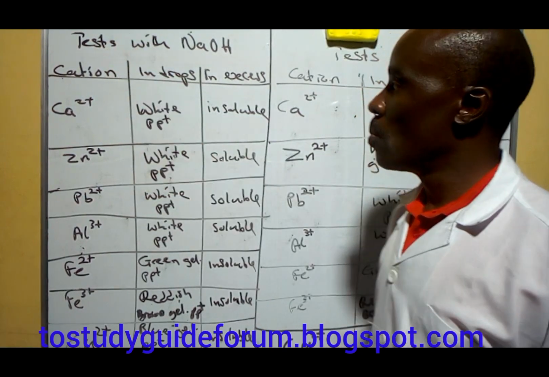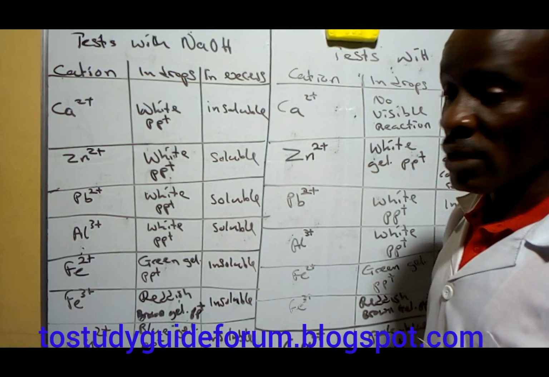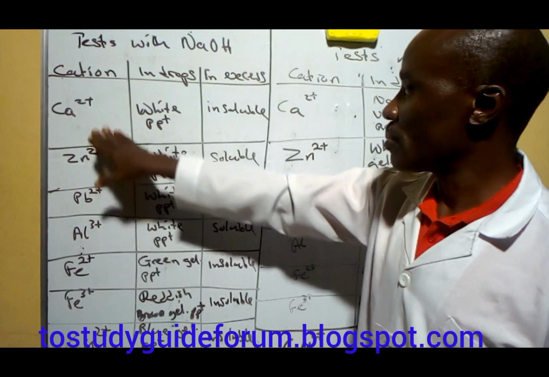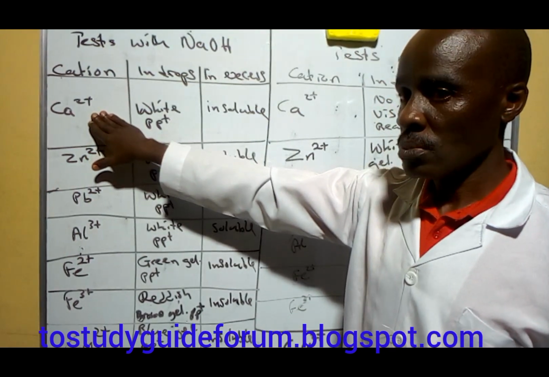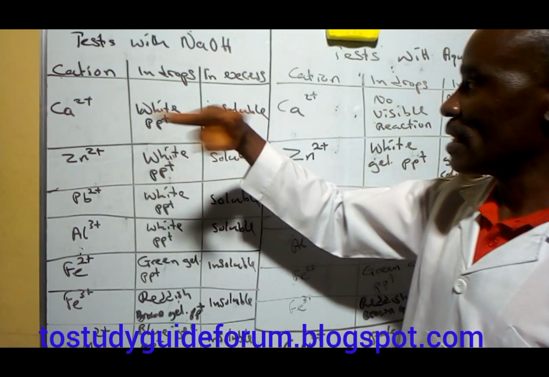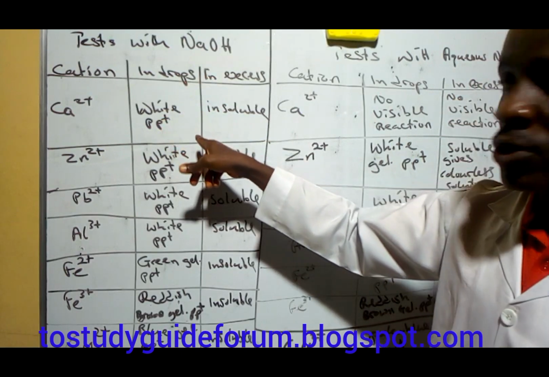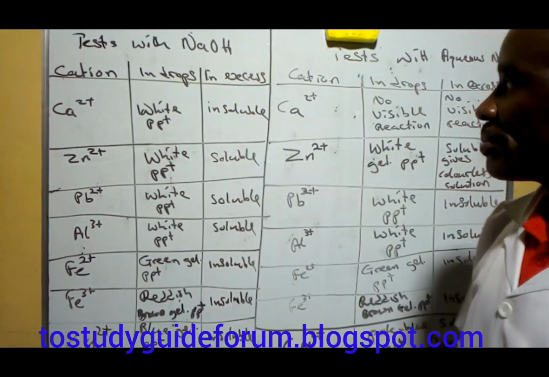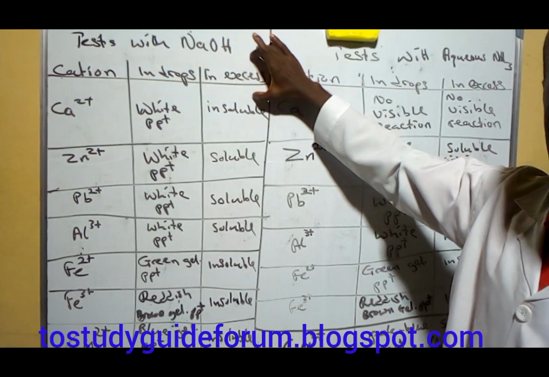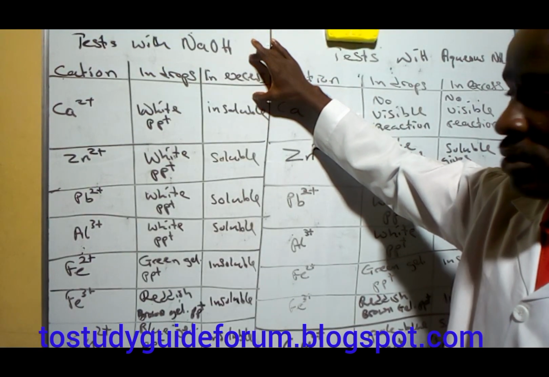In sodium hydroxide solution, what you expect here is that adding sodium hydroxide in drops will give you white precipitate, which is insoluble in excess sodium hydroxide, for calcium.